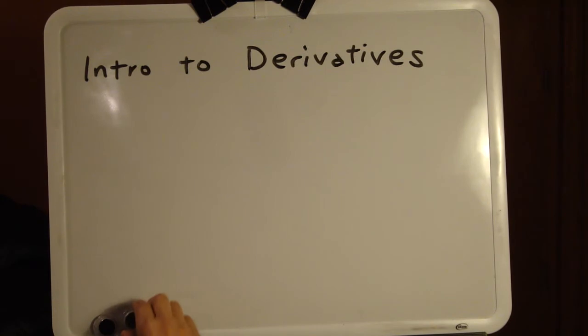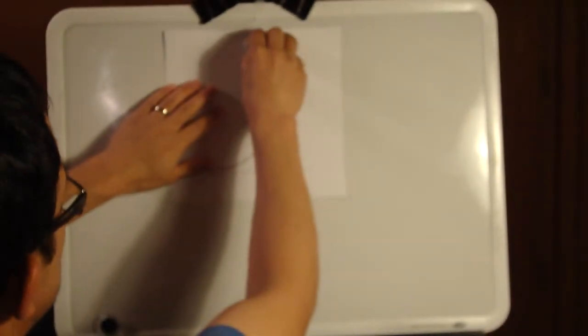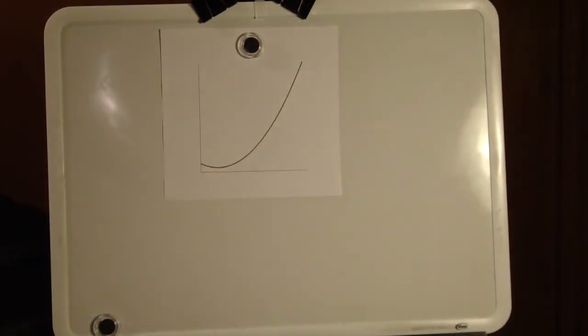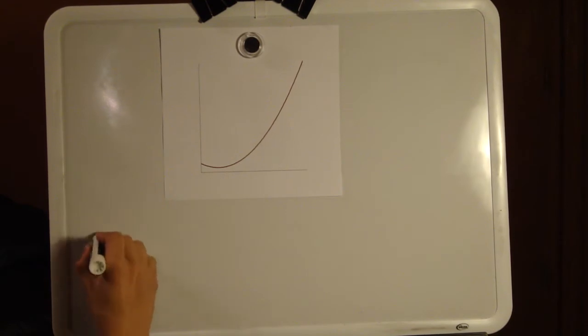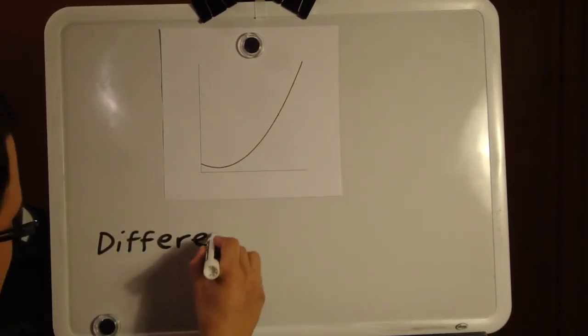And we're going to do this here to talk about the basic idea of a derivative. So I'm going to use this same picture. You have probably heard some of these terms. This is one way that we classify this, or we give it this name.